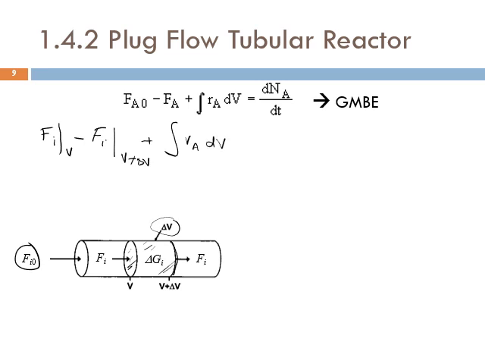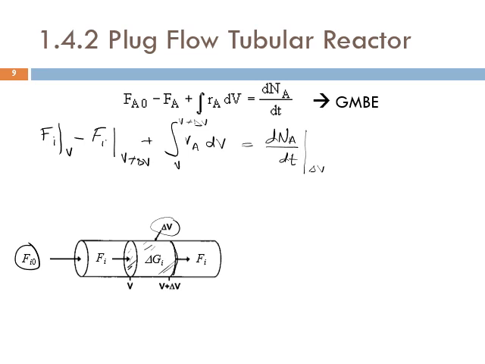However, now it's evaluated from V all the way to V plus delta V, correct? Equals accumulation, and the accumulation is dNA over dt evaluated, of course, at this delta V, correct?